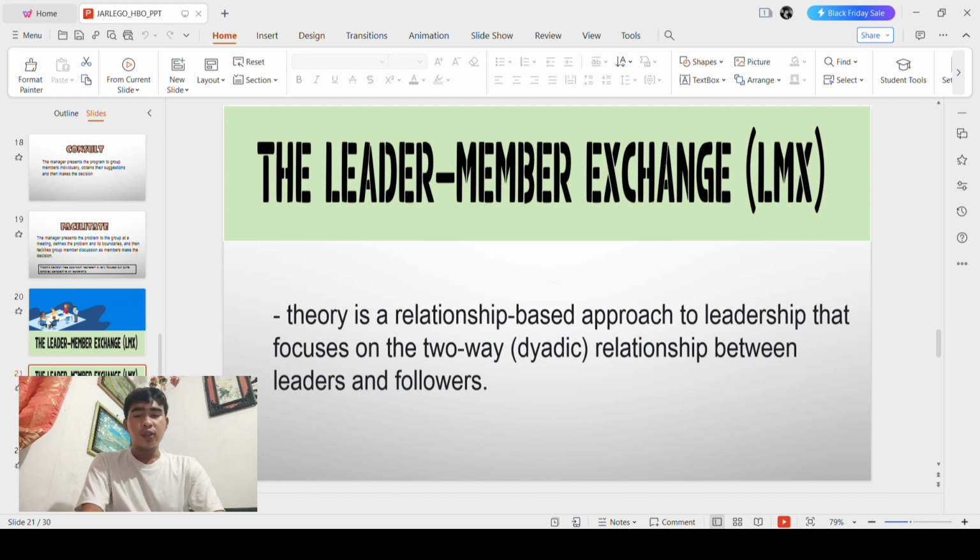Also, LMX theory emphasizes the importance of these leader-subordinate exchanges in influencing job satisfaction, performance, and overall effectiveness. It acknowledges that the quality of these relationships can impact the motivation and commitment of the team members.